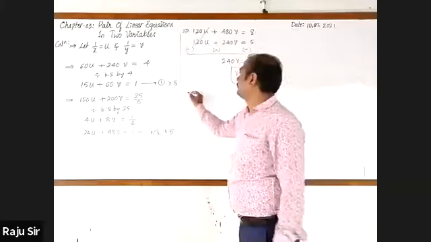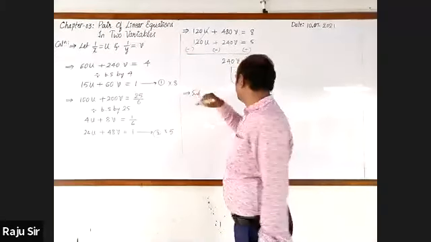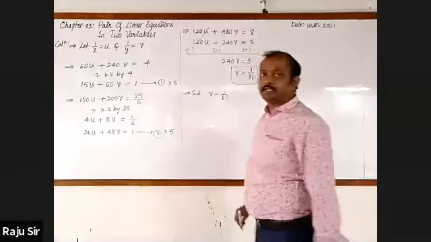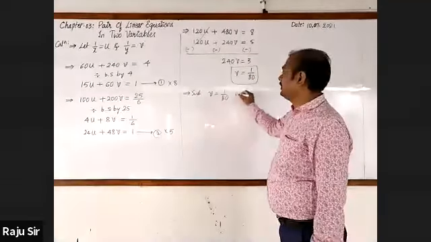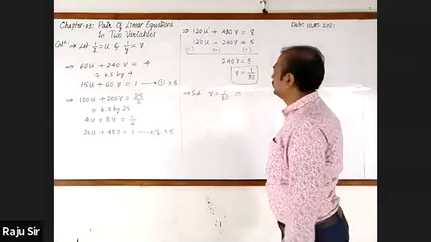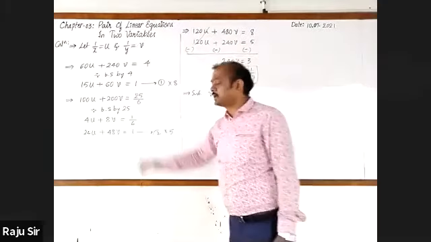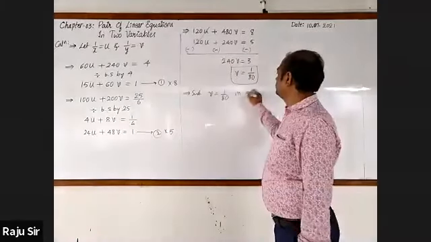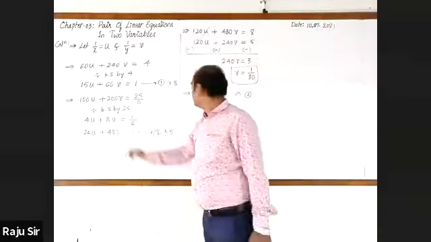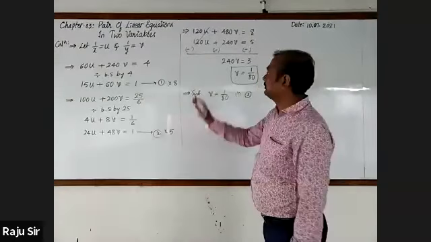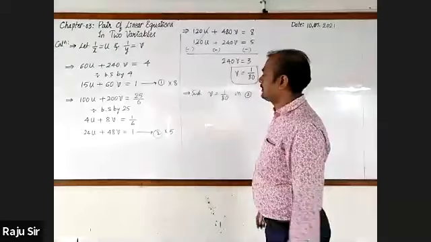We got the v value. Let us find out u. Substitute v equal to 1 by 80 in any one of the two equations. I'll take equation 2. Both can be taken, no difference at all.